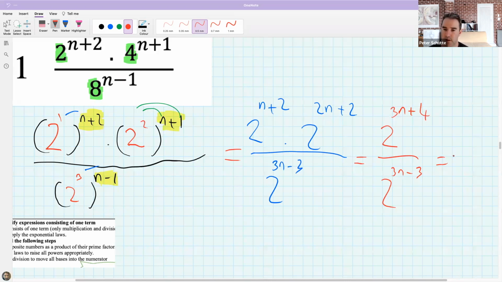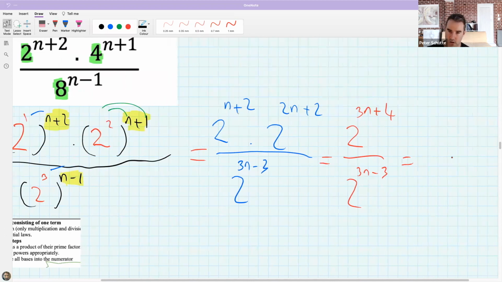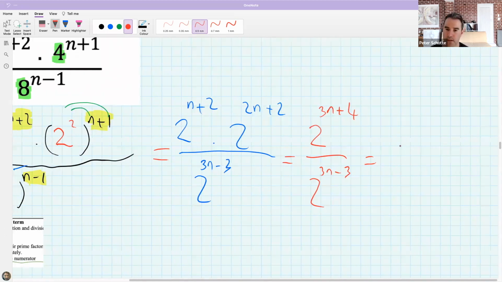So I started from where you ended. Yeah, and then I said, since all the bases are the same, I just said 2 to the power of n plus 2 plus 2n plus 2 minus 3n minus 3. Okay, so the main thing I want to watch out for is, did you put the thing you're subtracting in a bracket?